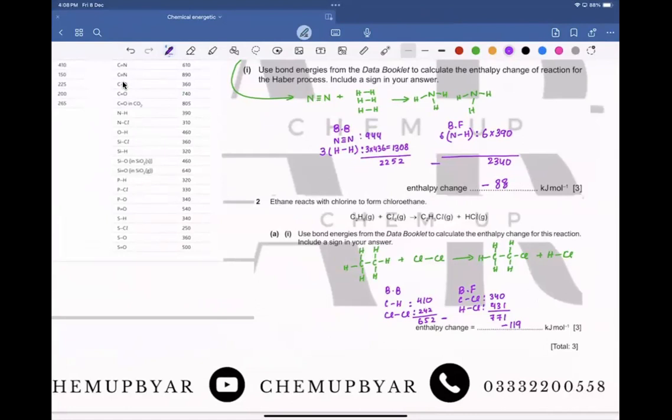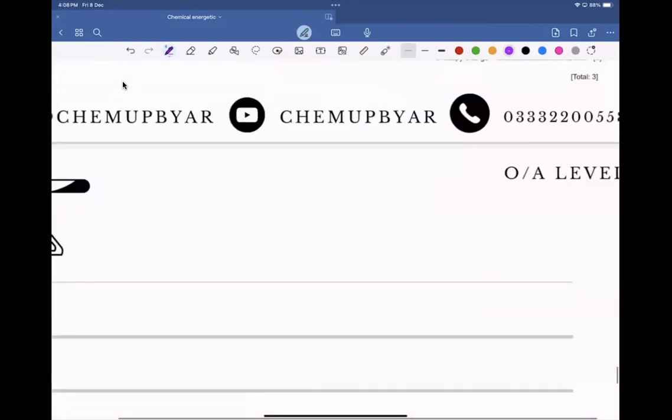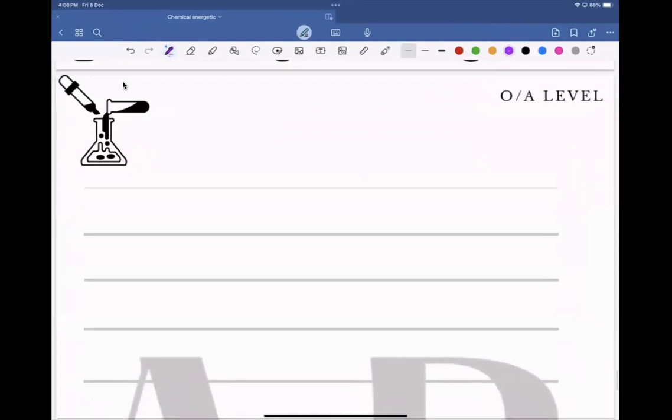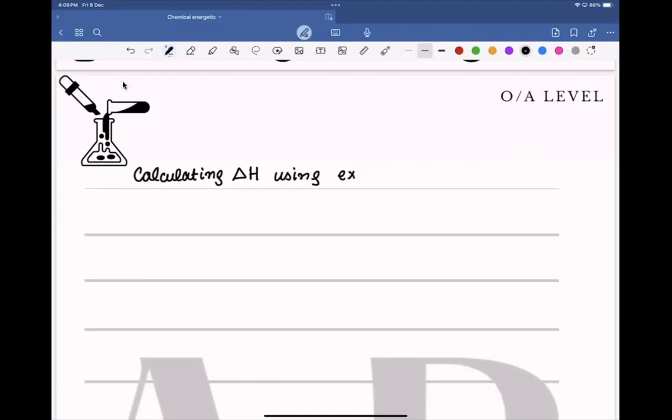If any one of you still has any confusion, do ask. Okay, now the next subtopic that we will do in our next class is calculating enthalpy change using experimental results.